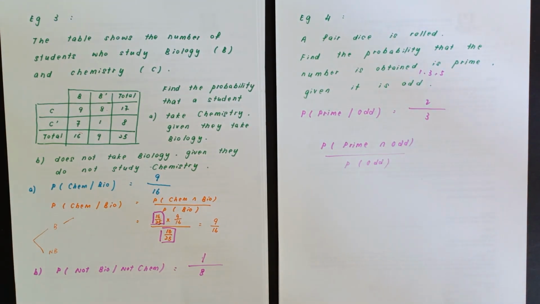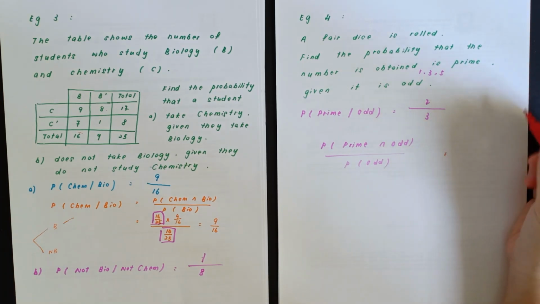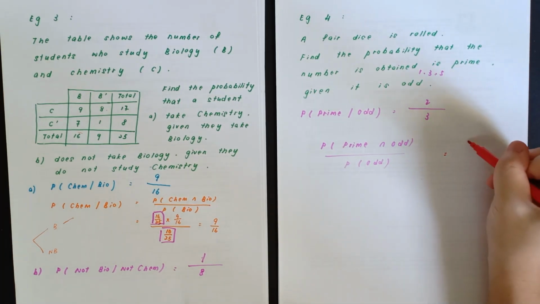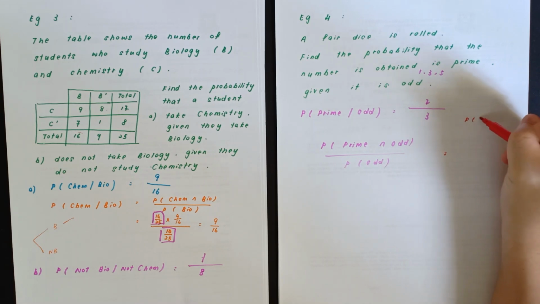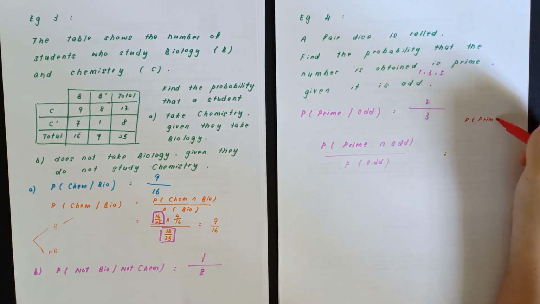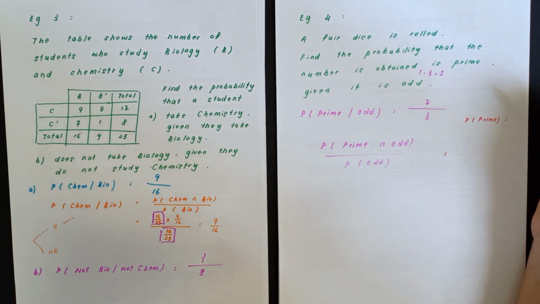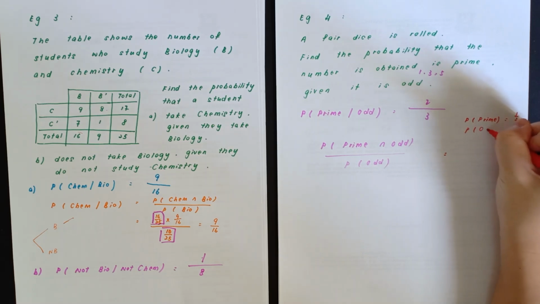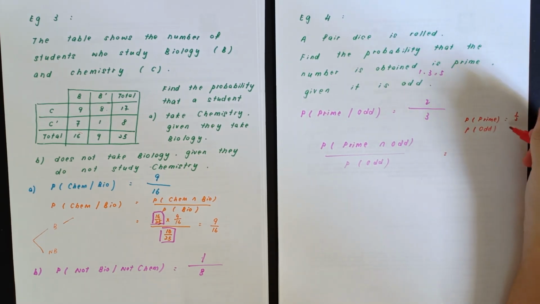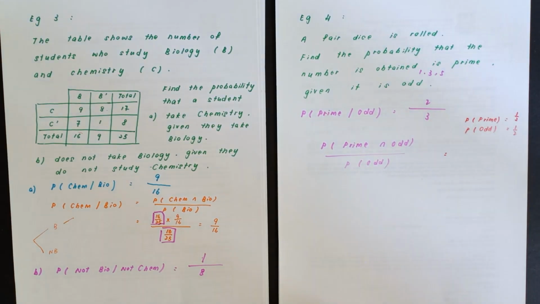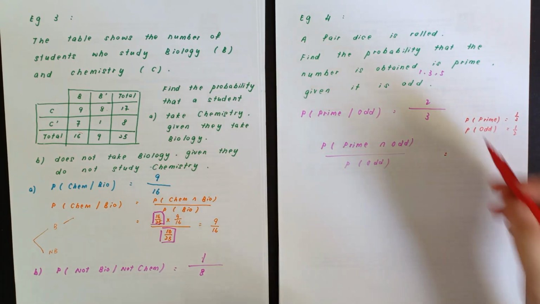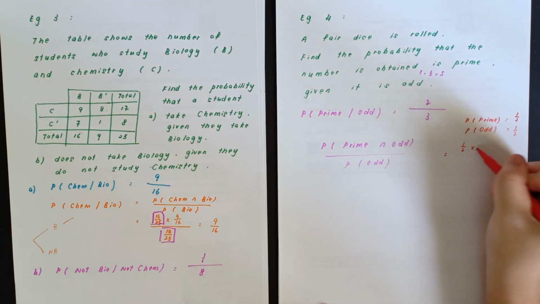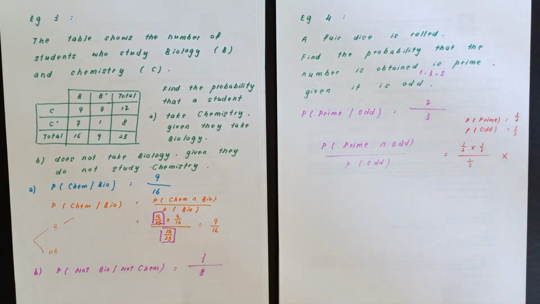So how did you guys do it wrong? It's because you take the odd numbers like 3, 5, then you do prime numbers first. So you have 1, 2, 3, 4, 5, 6, and only 2, 3, 5 are prime, so 1 over 2. Then the probability of getting an odd number is 1, 3, 5, so 1 over 2. So what you are doing is 1 over 2 times 1 over 2, then you divide by 1 over 2, which gives you a wrong answer.